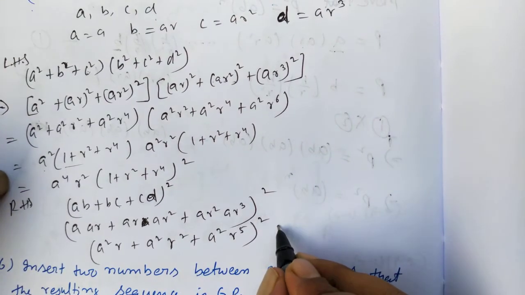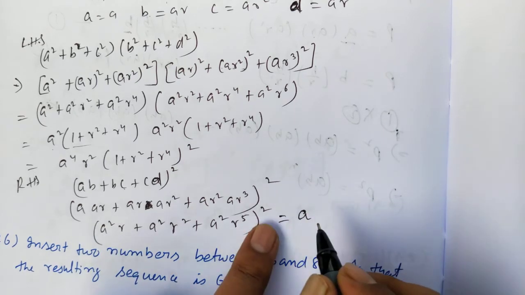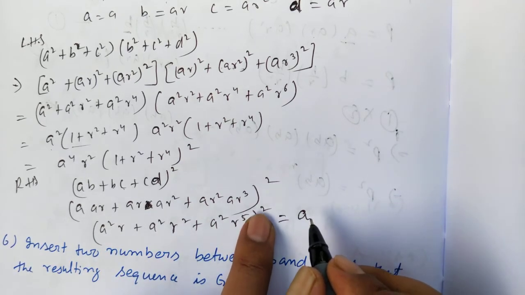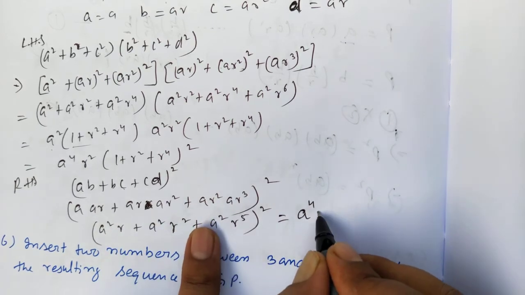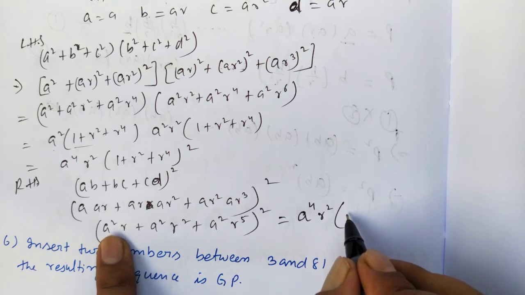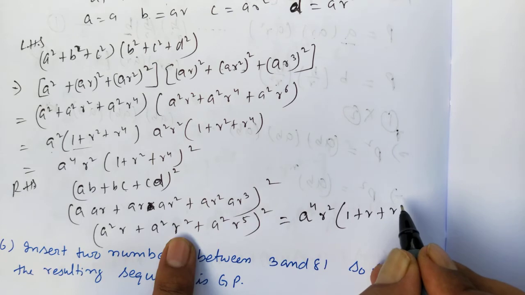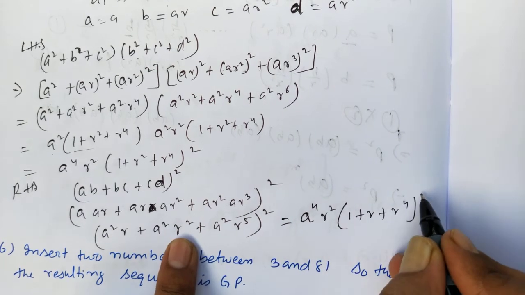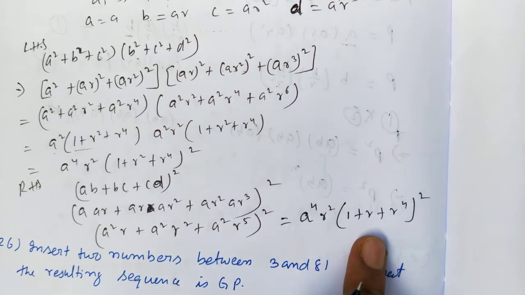So if I take the common, A square is common, but since square is here, when you take a common, this will become double, okay? So A square is common, it will become A4. R is common, when you take out, it will become R square. So what is inside? Only 1 plus R square plus R4 whole square. So both sides is same, therefore LHS equal to RHS, okay?